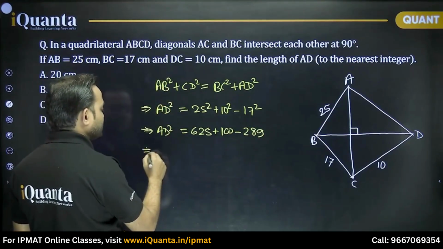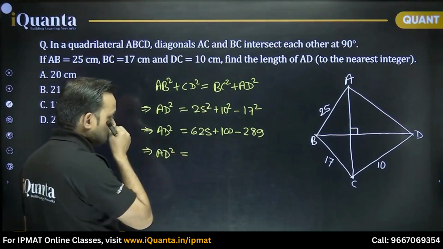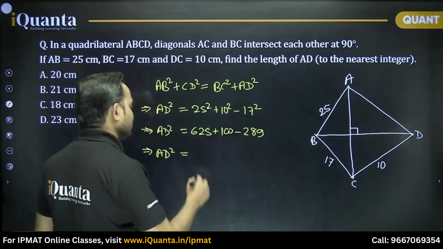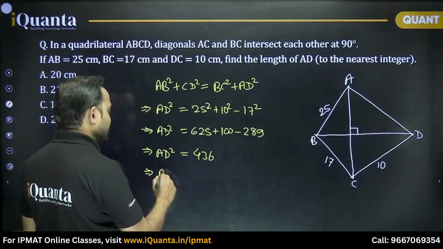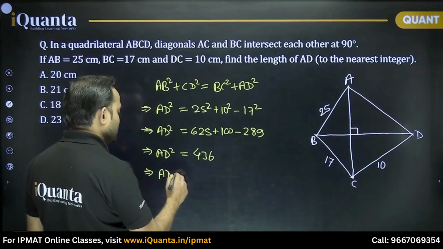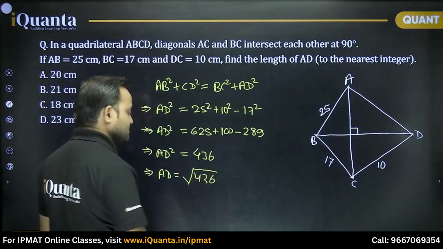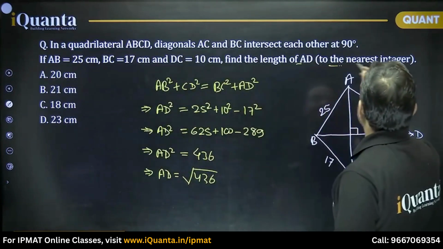So from there we get AD square is equal to 725 minus 300 is 425, plus 11, 436. So we can say AD is equal to square root of 436. Now in the question it says find the length of AD to the nearest integer.